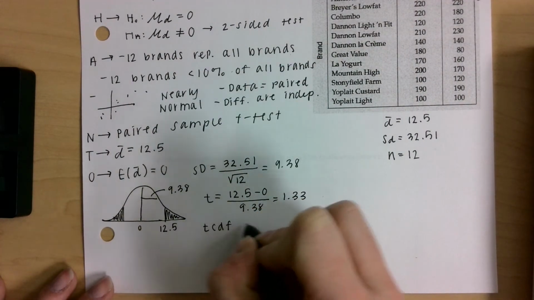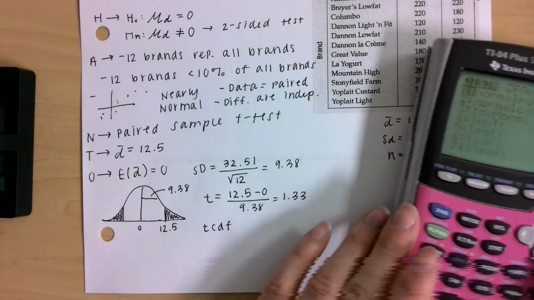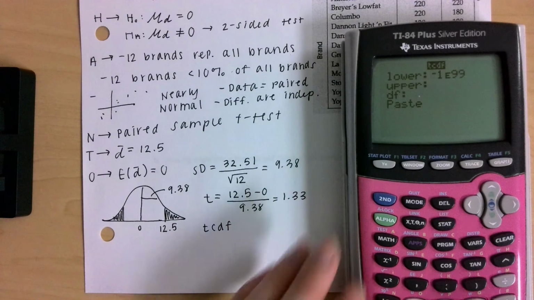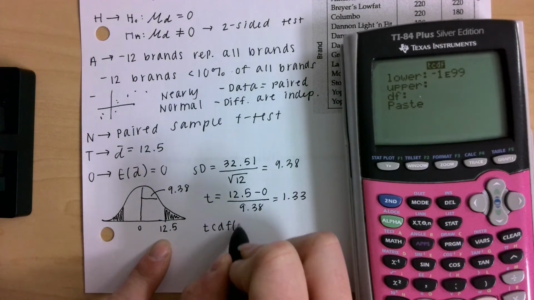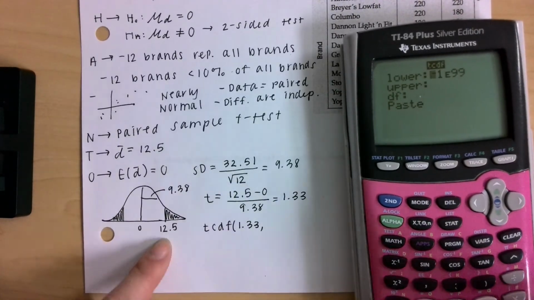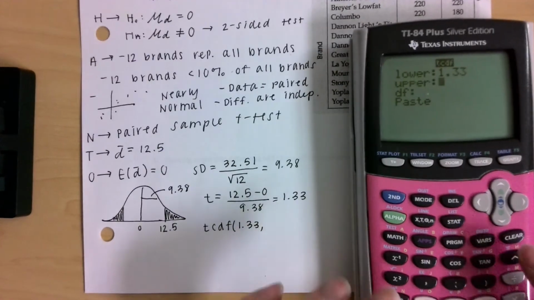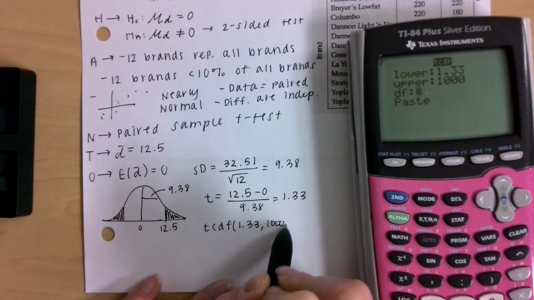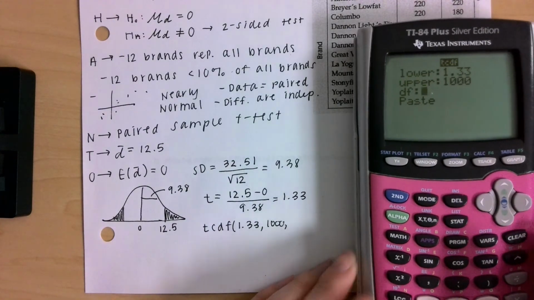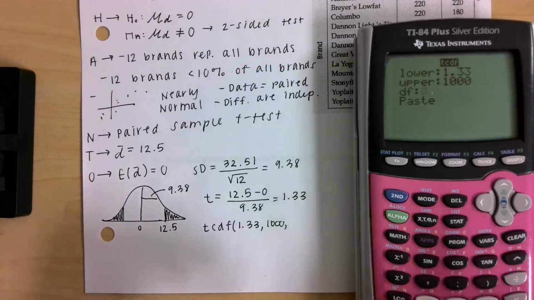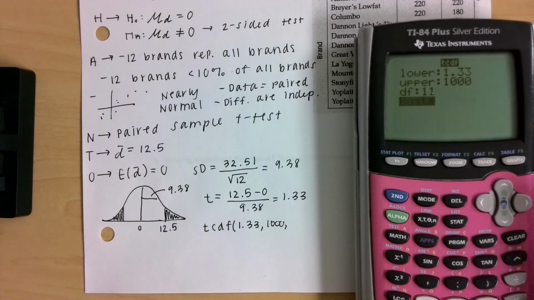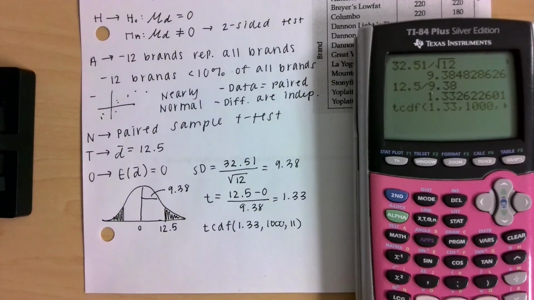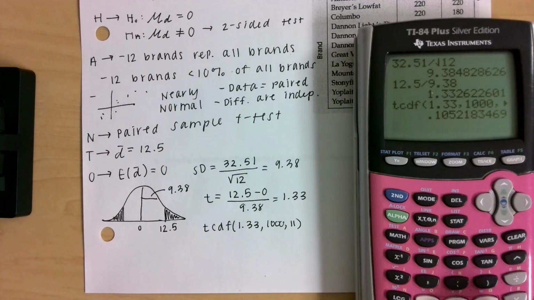From here, I'm going to use my TCDF to find that area on the right-hand side. My lower bound is my t-score of 1.33. Upper bound, a very large number. And my degrees of freedom is 1 less than the sample, which there were 12 brands that were tested.